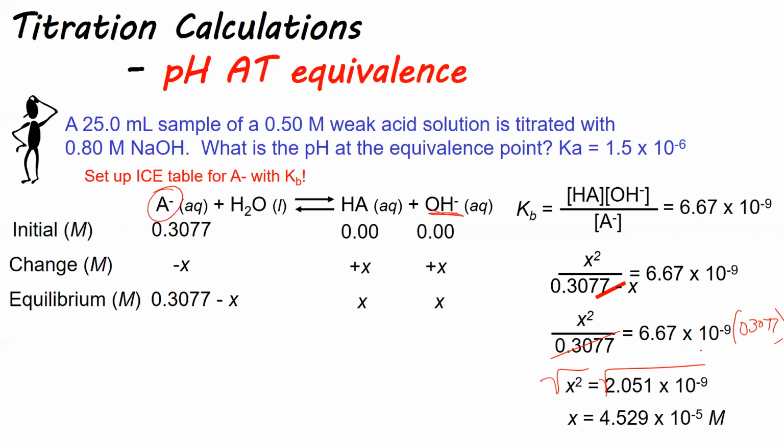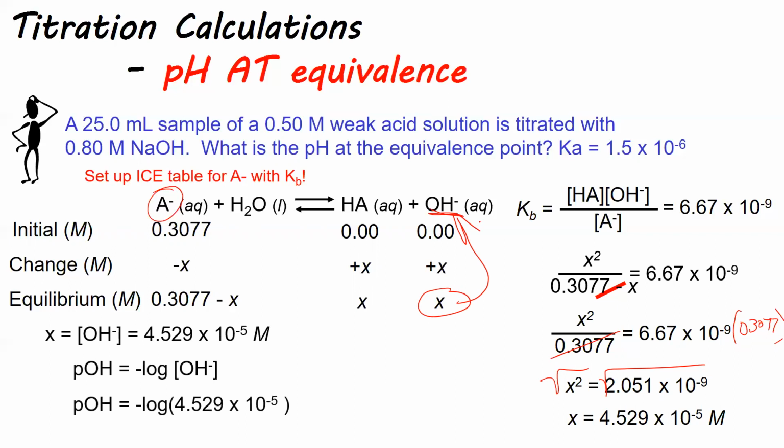And you can check the approximation and find that it has worked. It's less than 5%. So my x, remember, is representing hydroxide concentration. So I can take the negative log of that to find the pOH. So the pOH is 4.34, and then subtract from 14, and I get the pH of 9.66.